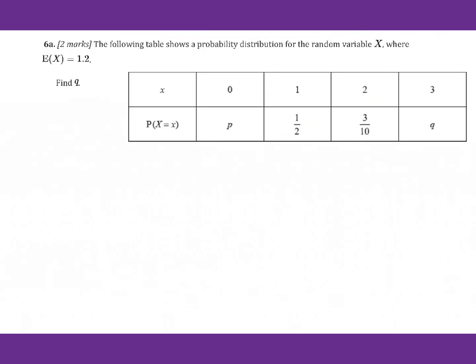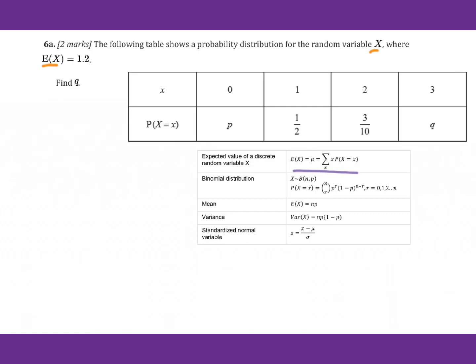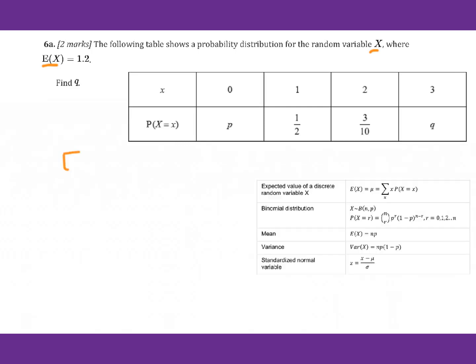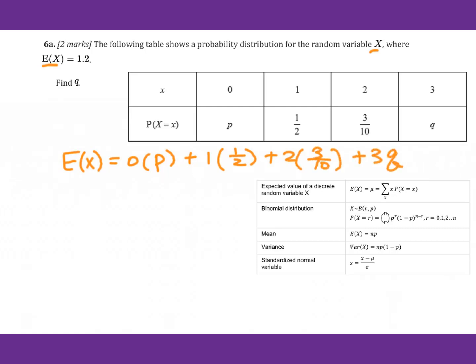Let's go to 6A. The following table shows the probability distribution for the random variable x, where the expectation of x equals 1.2. Find the q. According to this formula, we get the expectation of x equals 0 times p plus 1 times 1/2 plus 2 times 3/10 plus 3q.